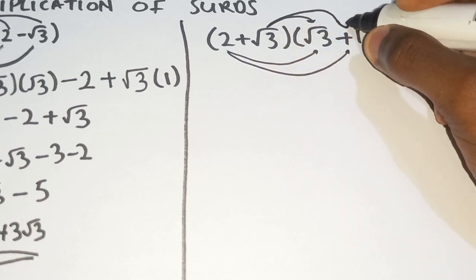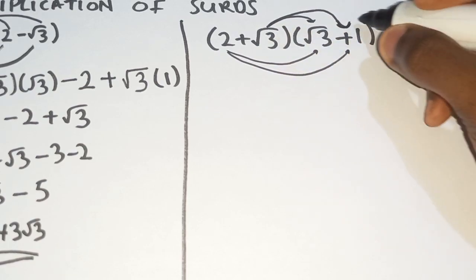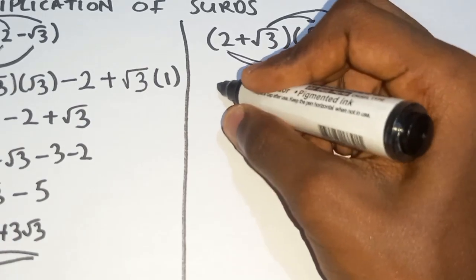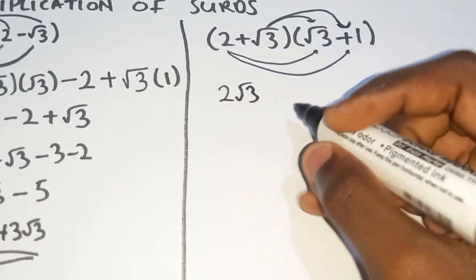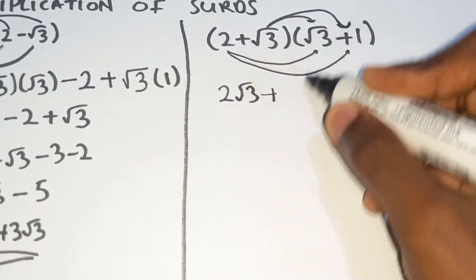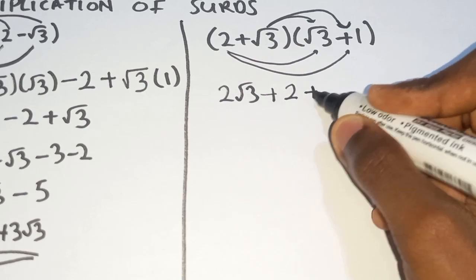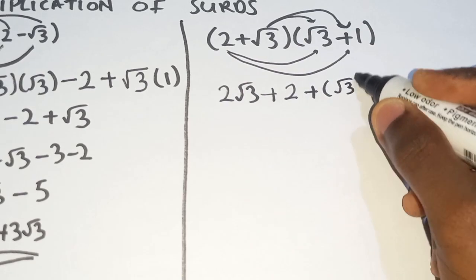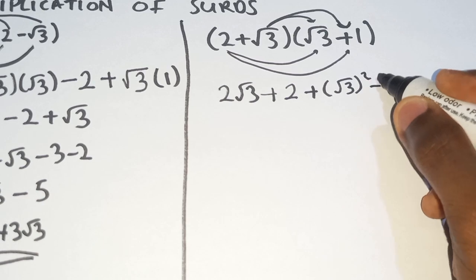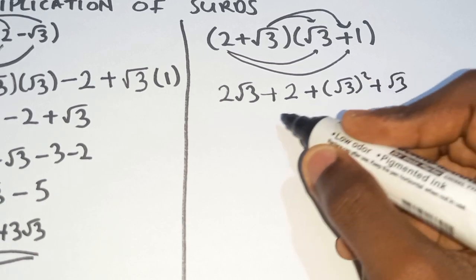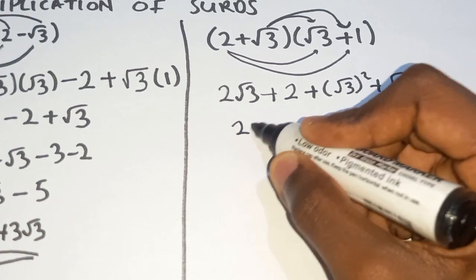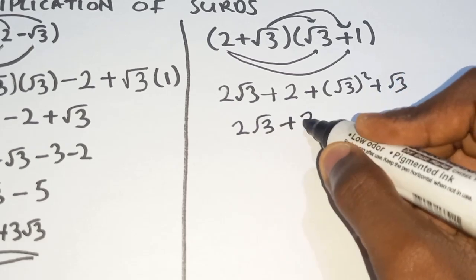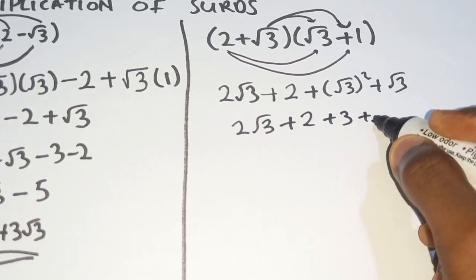Same for this arrow sign. Okay, so then 2 root 3 plus 2 plus root 3 squared plus root 3. We can now simplify this. 3 plus root 3.